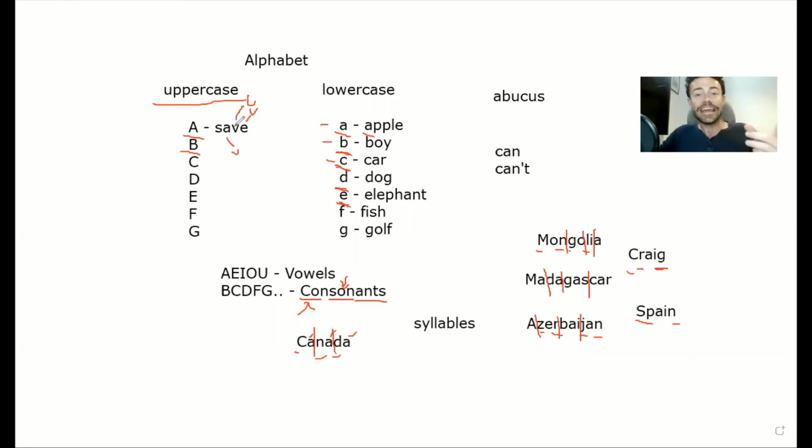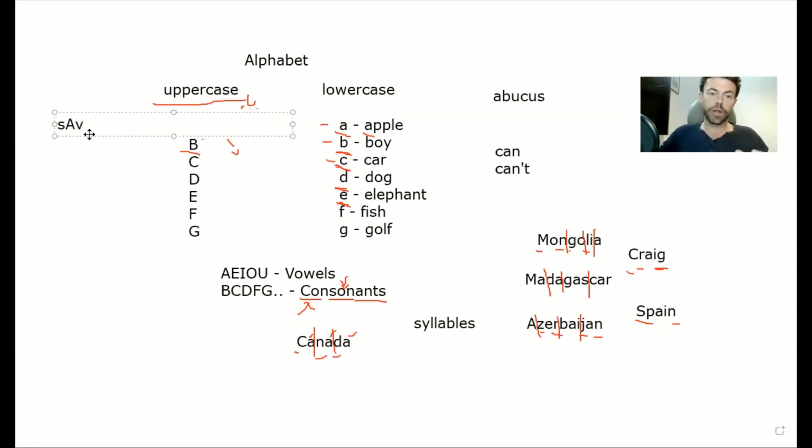When it's an E that is doing the influencing, the E becomes silent, right? So the way this word is pronounced is sa, v, save, with no E, right?